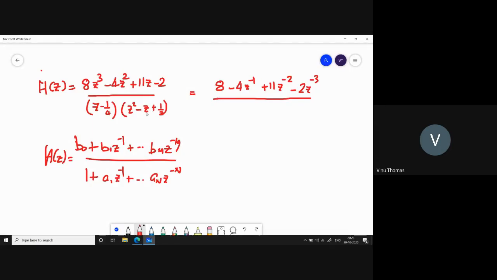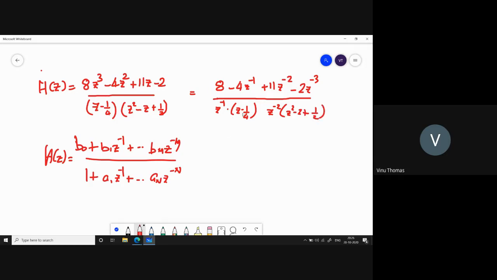Is that okay with you? I have to multiply numerator and denominator by Z raised to minus 3, right? So here, I will multiply Z raised to minus 1 into (Z minus 1 by 4), so I can simplify the calculation like this, into Z raised to minus 2 into (Z squared minus Z plus 1 by 2). So there is no need to multiply this out.